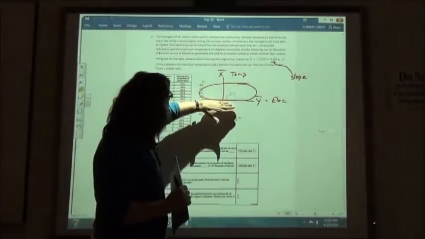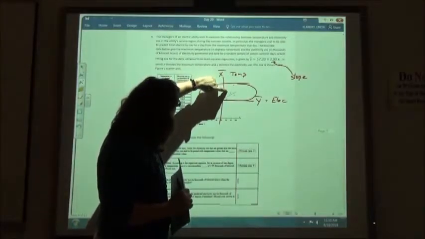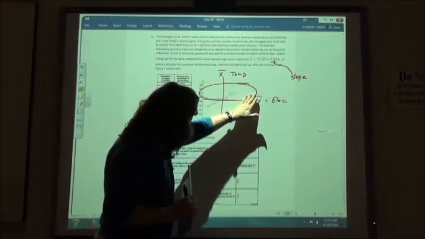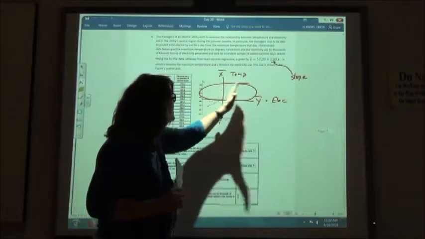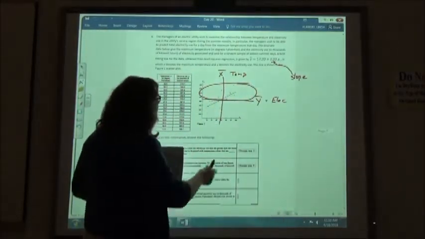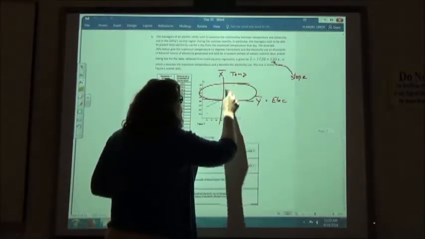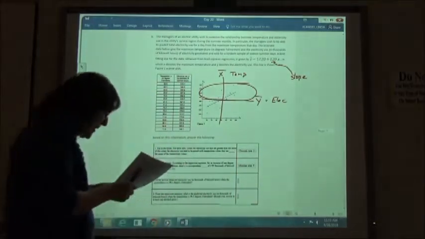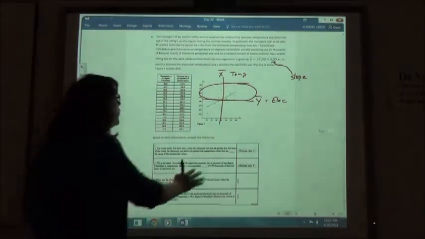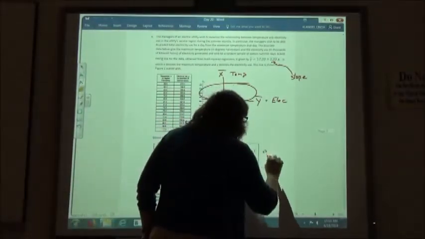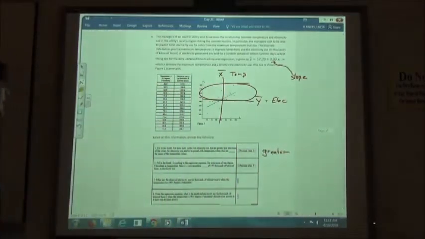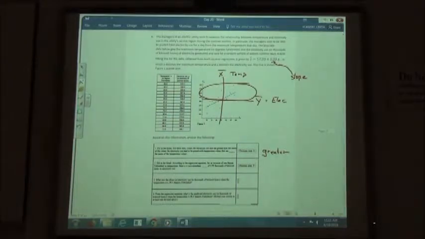So for my temperatures here, I want to look, do I have more dots to the right or more dots to the left, because I'm looking this way, that's where my circle goes. If I look here, I have more dots over here on the right-hand side than I do on the left-hand side. So since I have more dots on the right, I'm going greater. So when my mean is greater for my electricity, my temperature is also going to be greater in this case.